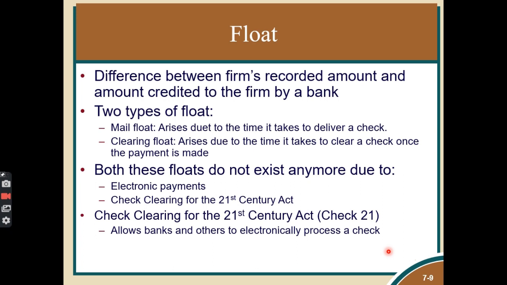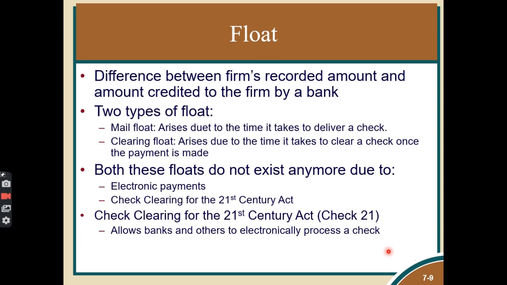It's like this. If I have a particular transaction today and I recorded it today as a receipt of cash, there is a possibility that the cash that I recorded in my books will not yet be credited by the bank because of the float, or the delay. There are two types of float that we need to understand.